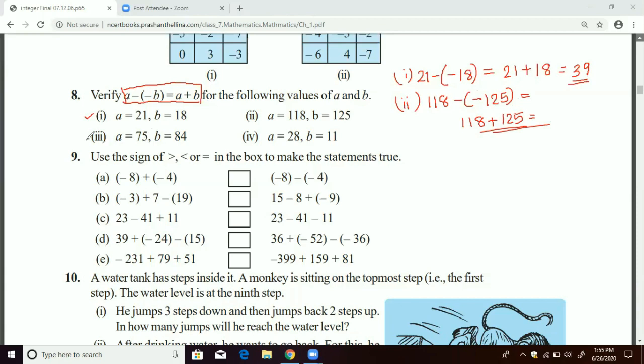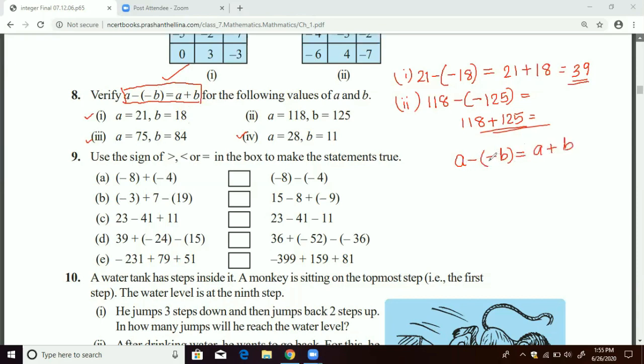The same is the case for the third and fourth questions. So this result is true for every pair. In general, we can say that for any integers a and b, a minus negative b can be written as a plus b. This is a result you have to keep in mind. Why?